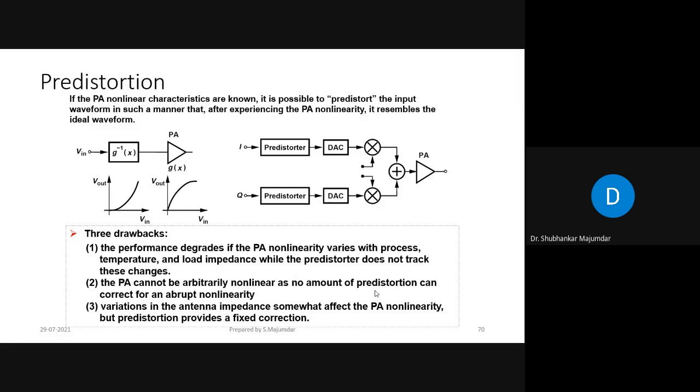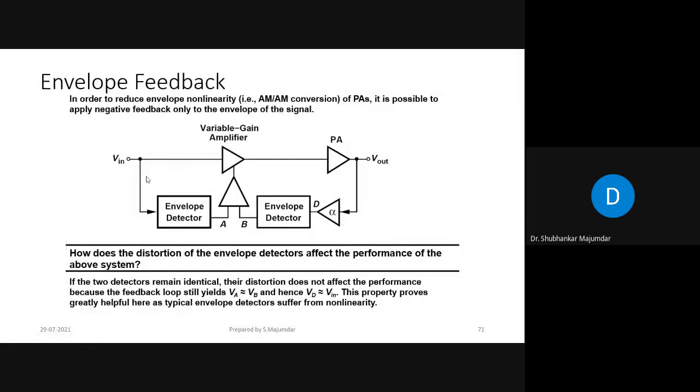Then the power amplifier cannot be arbitrarily nonlinear, as no amount of pre-distortion can correct for an abrupt nonlinearity. Variations in the antenna impedance somewhat affect the power amplifier nonlinearity, but pre-distortion provides a fixed correction. So once you have designed this, it cannot vary. So variable pre-distortion is much utilized.